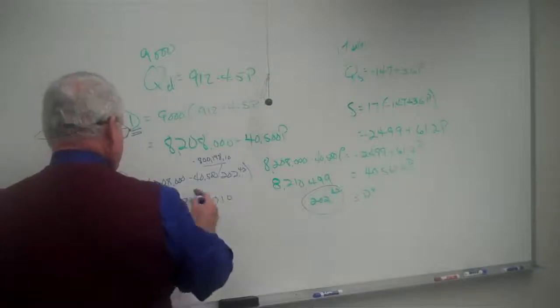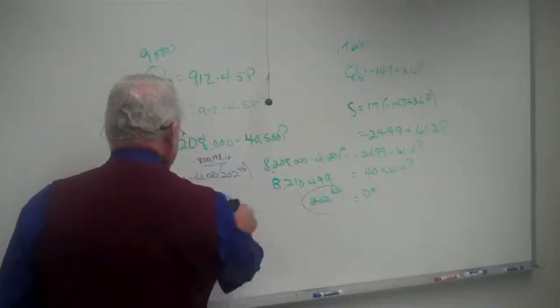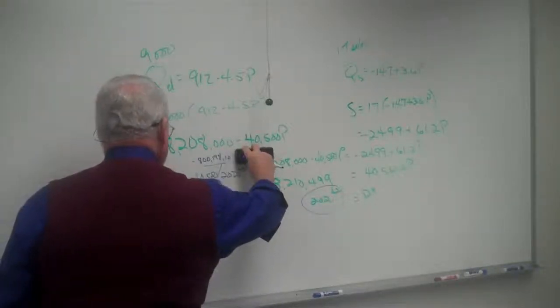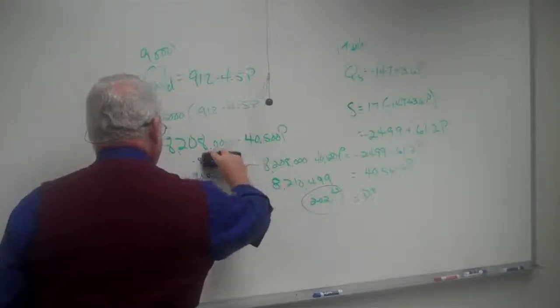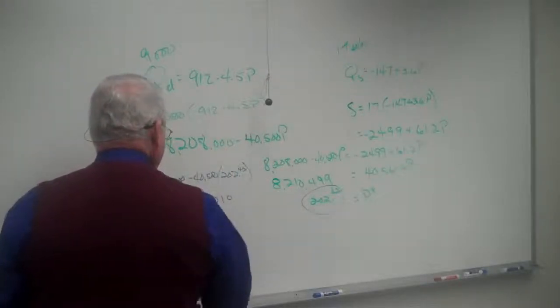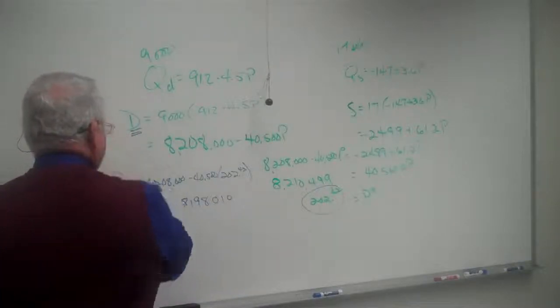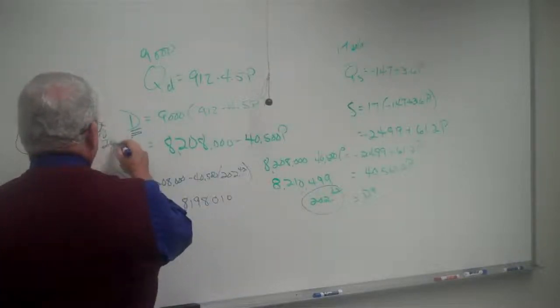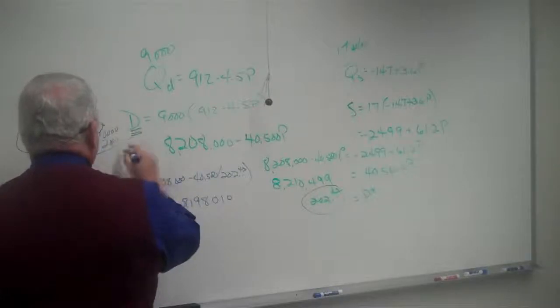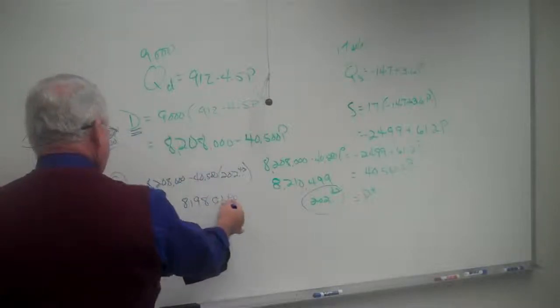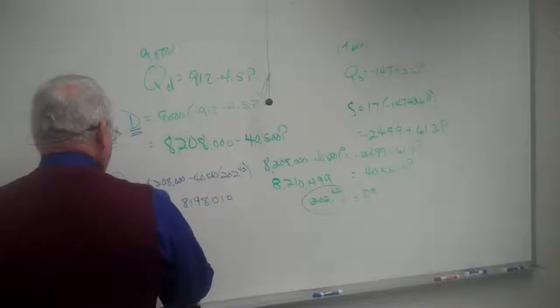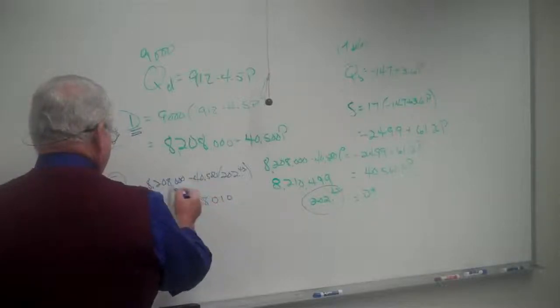So it's that one? So it's a 10, yeah. I'm sorry, 40,500 times 202, right? Okay, so if you subtract this from this, what do you get?